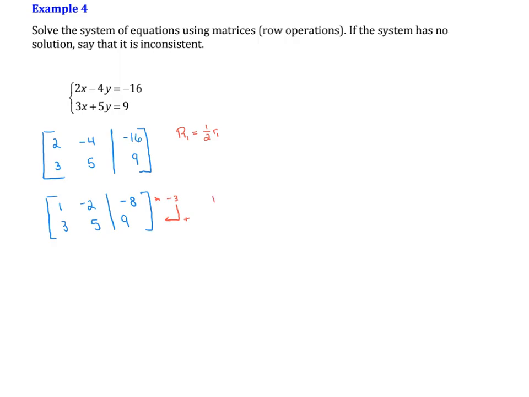So what this means is that row 2 is getting replaced, and it's getting replaced by -3 row 1 plus old row 2. So row 1 is not changing.